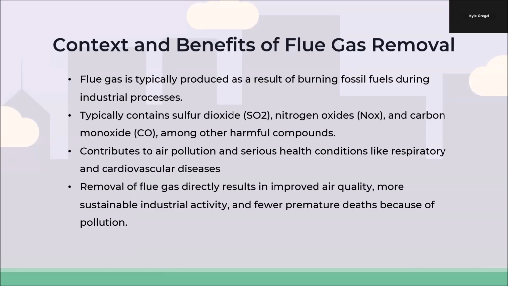Flue gas contributes to air pollution as well as some serious health conditions like respiratory and cardiovascular disease, which can include bronchitis, asthma, as well as heart disease over long-term exposure, and even some conditions such as dementia. And the removal of this flue gas directly results in improved air quality, more sustainable industrial activity, and fewer premature deaths because of pollution, in addition to reducing smog in city centers where industrial activity is very high and concentrated.